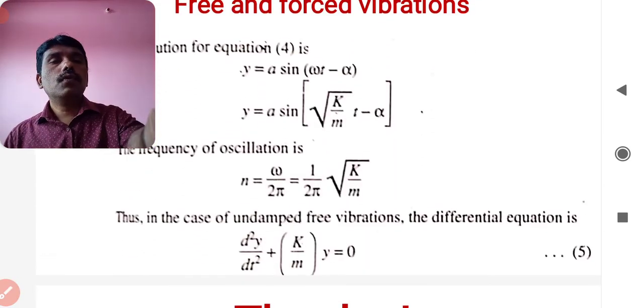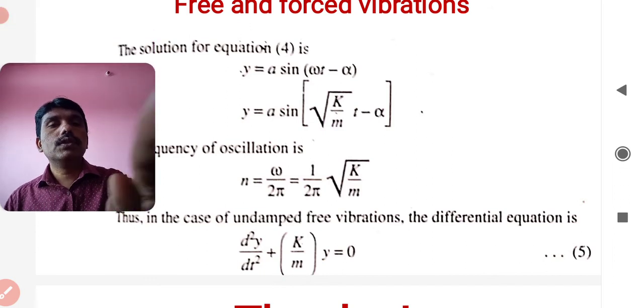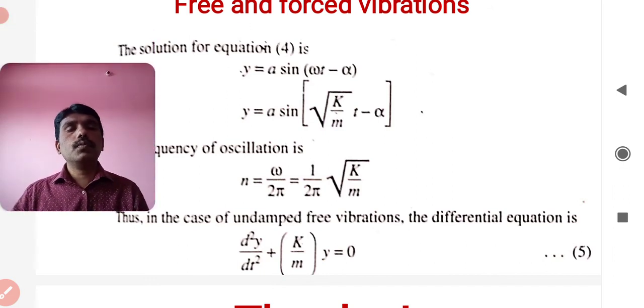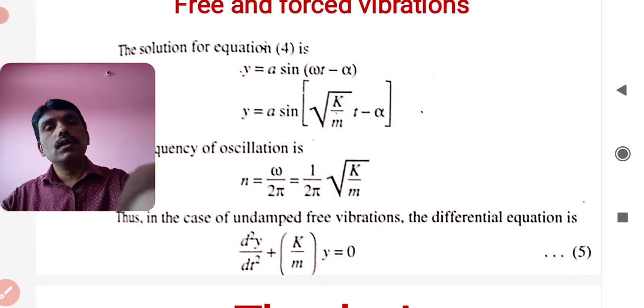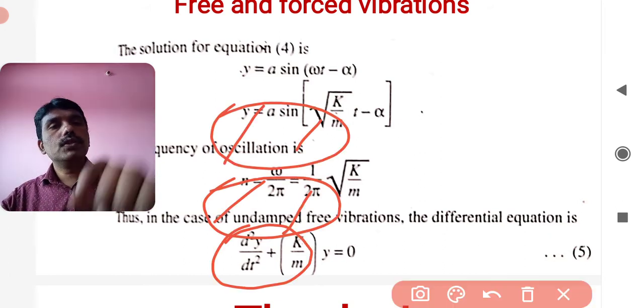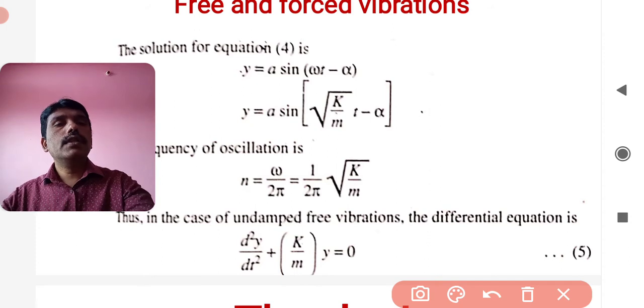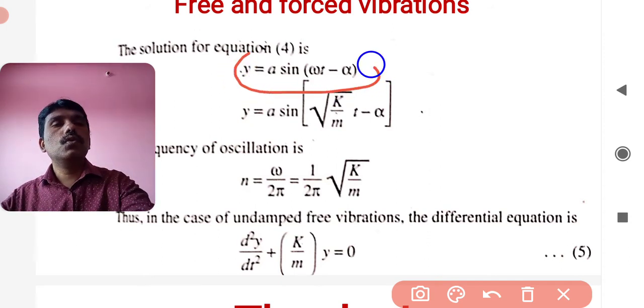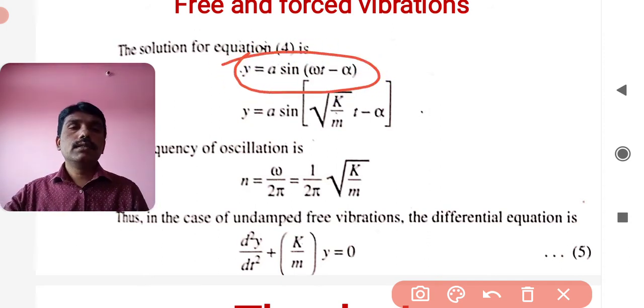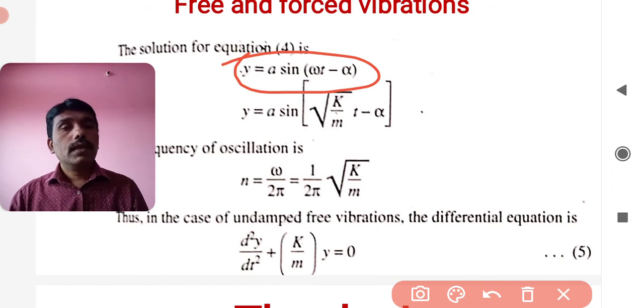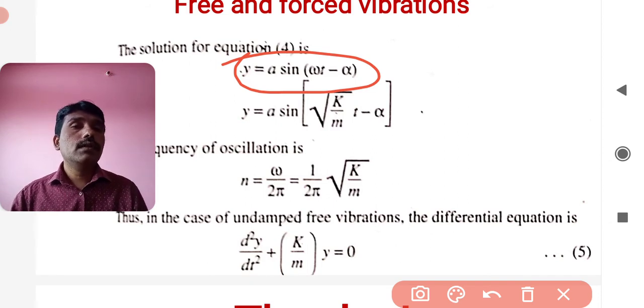And the general solution for this equation 4 is nothing but your simple harmonic motion, and the solution will give me y is equal to a sine of omega t minus alpha. Here a is the amplitude, y is the displacement, omega is the angular velocity, t is the time instant, and alpha is the phase.